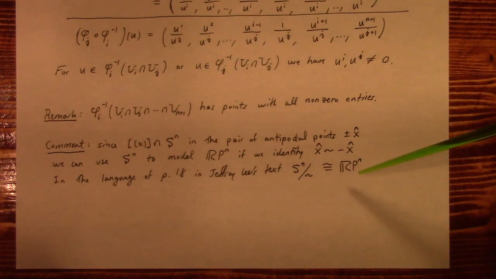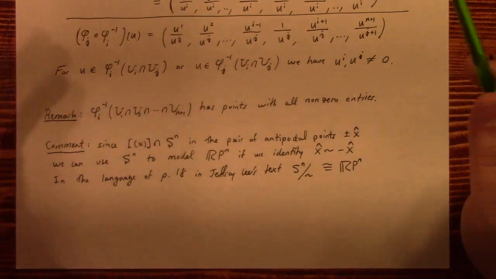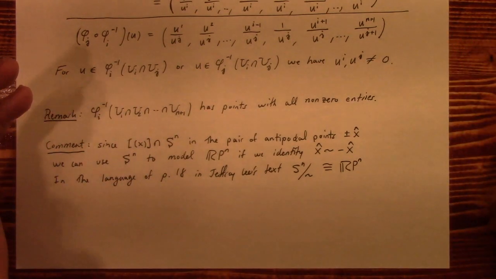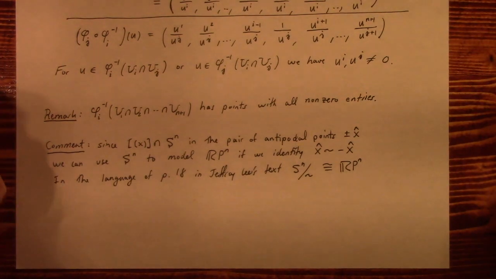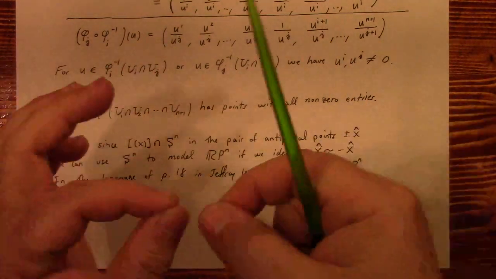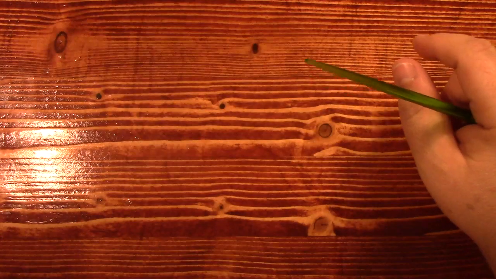So in some sense, real projective space is kind of like a sphere that's got its different sides glued together. Well, it is what it is. All right, anyway.